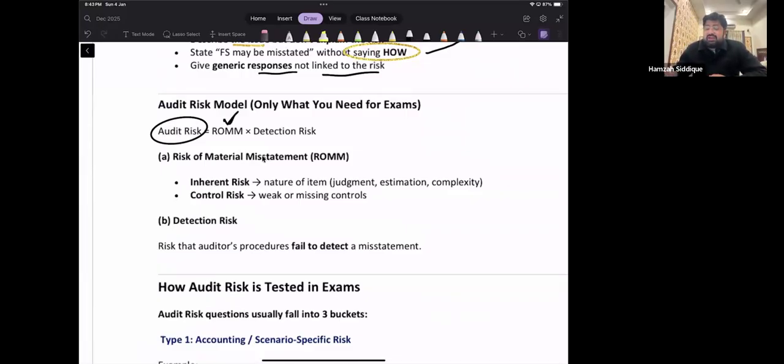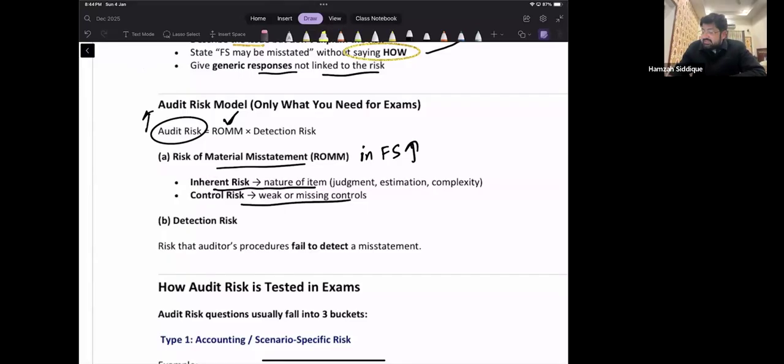First, risk of material misstatement in financial statements, which may arise because of the nature of the item, where judgment or estimation is involved, or a complex item, or because of weak or missing controls in the company, that is control risk. If misstatement in financial statements is high, audit risk is high and the auditor's opinion may be inappropriate.